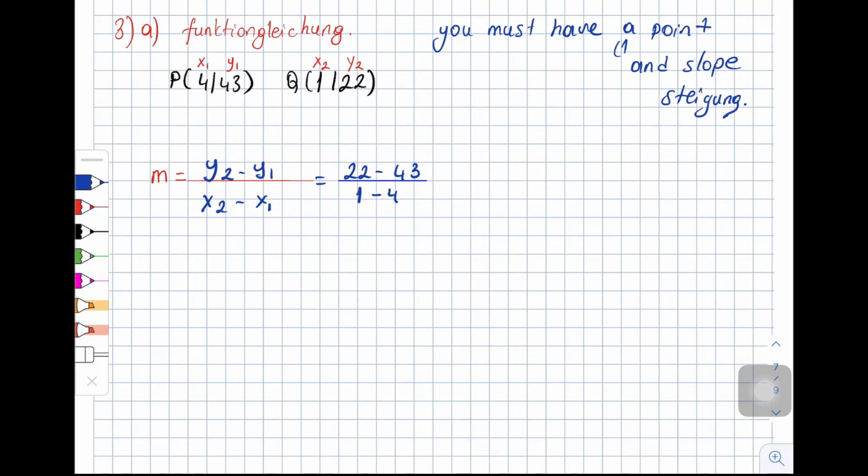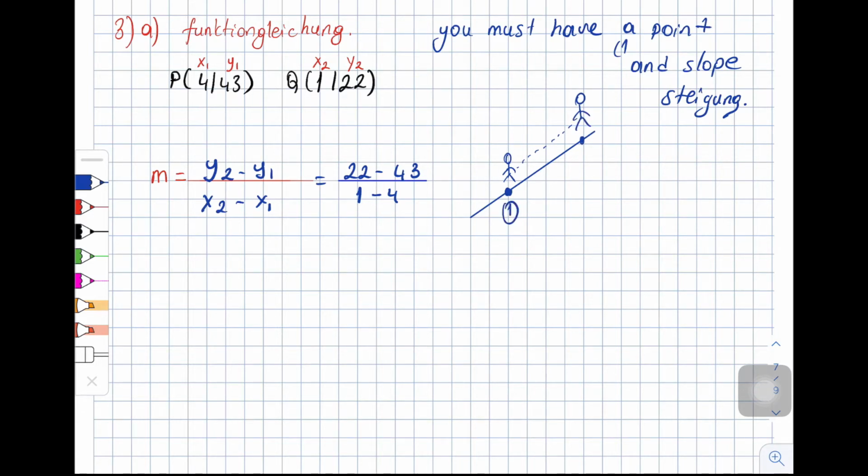Mr. Kutsu, why do we write y2 minus y1, the second point first, then minus the first point? Think about a line, okay? This is your graph. You are here, and then you are walking, and now you stop here. How do you name this point? Isn't it the first point?